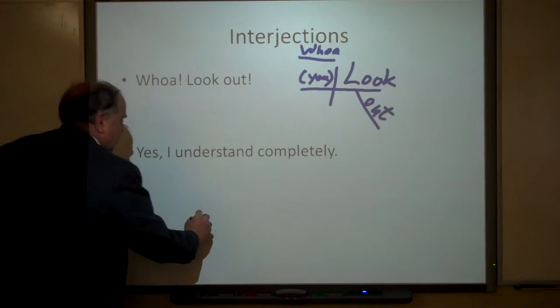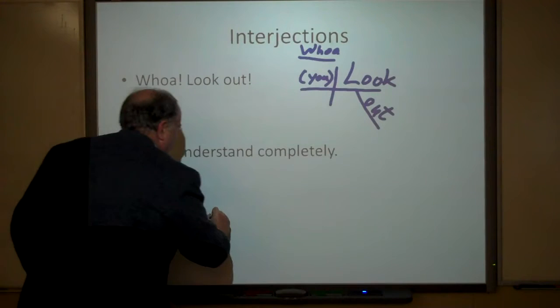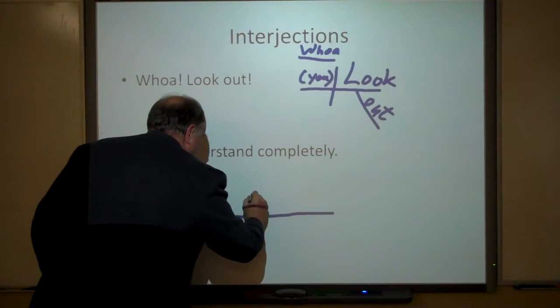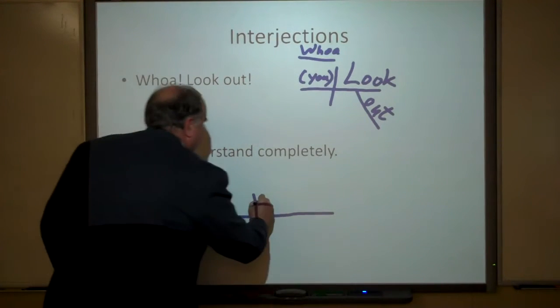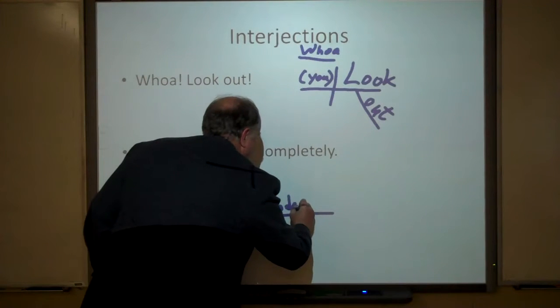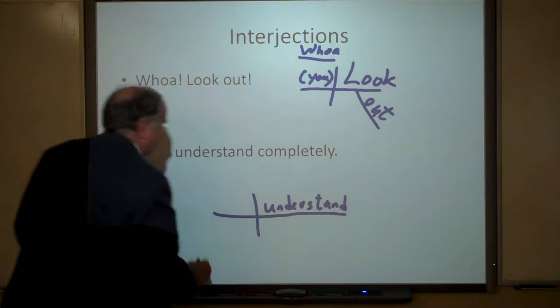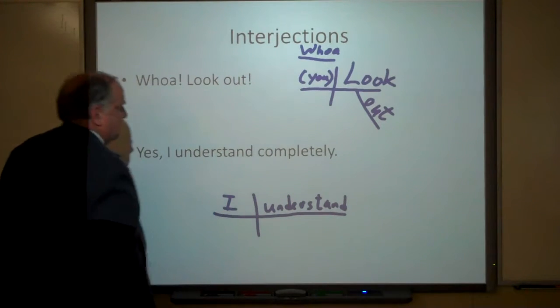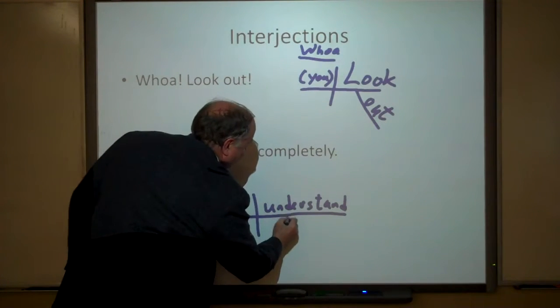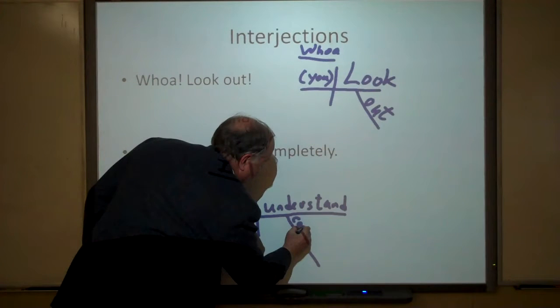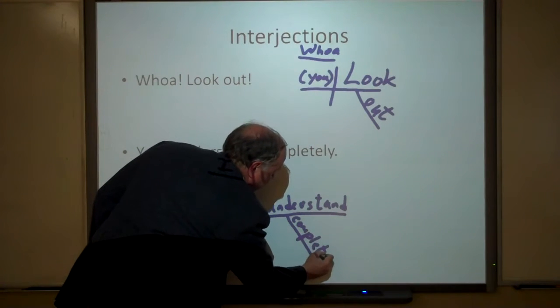Yes, I understand completely. Very similar. In this case, we have the verb and the subject. The verb is understand. The subject is I. Completely modifies understand. Answers the question how.